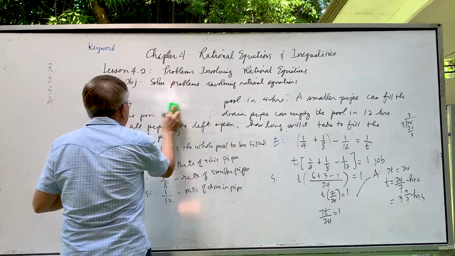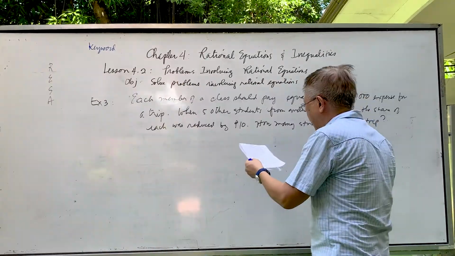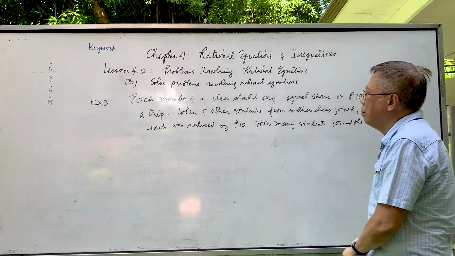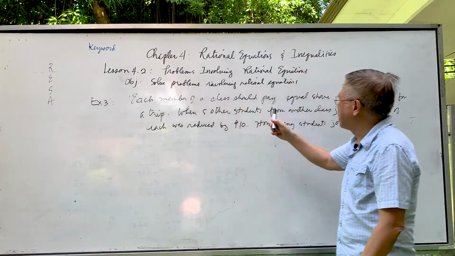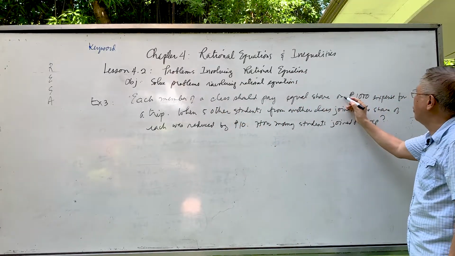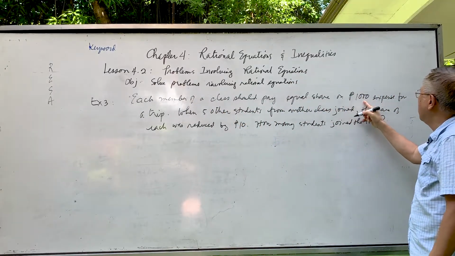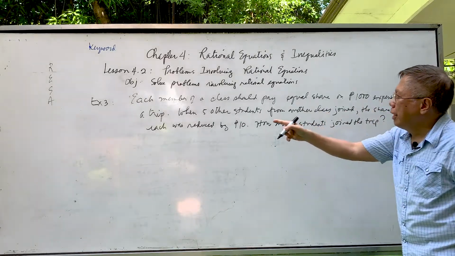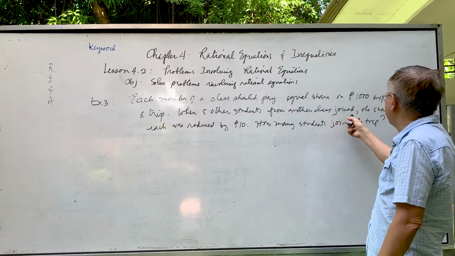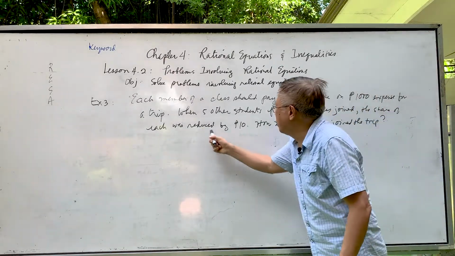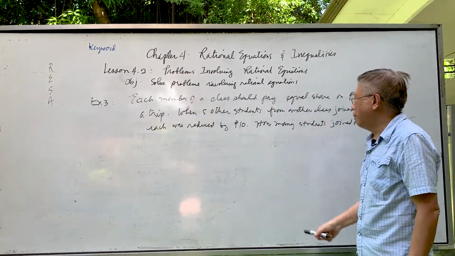Example number 3, we have, for this example, let's read through. Each member of a class should pay equal share on a 1,000 peso expense for a trip. When 5 other students from another class joined, the share of each was reduced by 10 pesos.